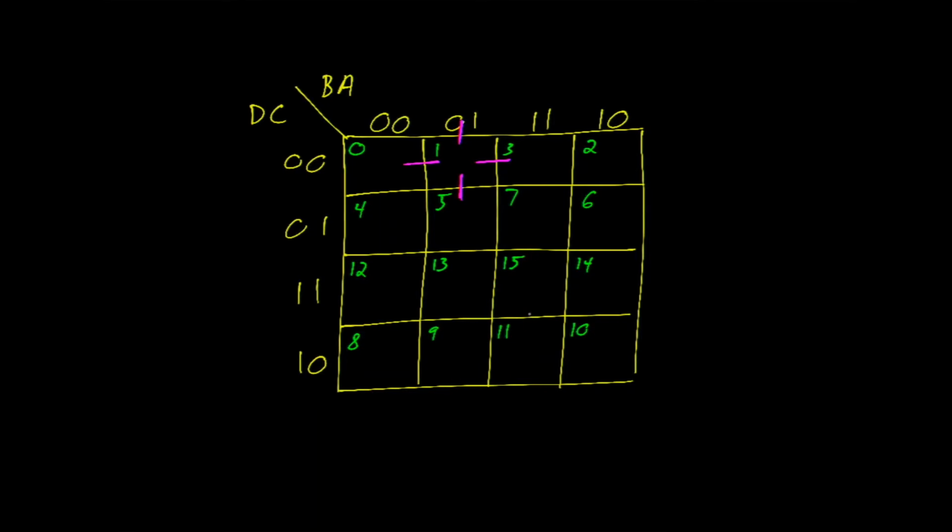Knowing that, let's go back and look at our original problem, where we described an equation as the compact sum of minterms with terms 3, 7, 8, 9, 10, 11, and 15.